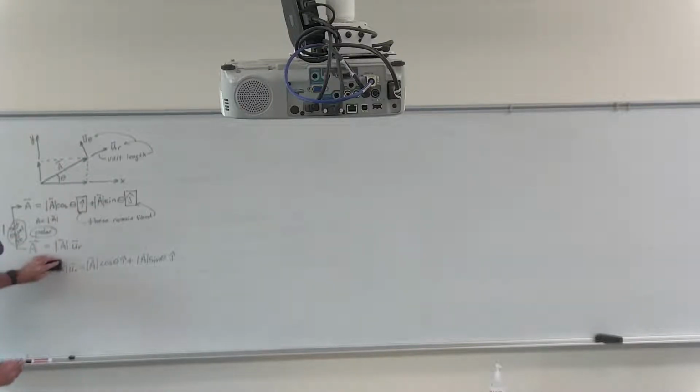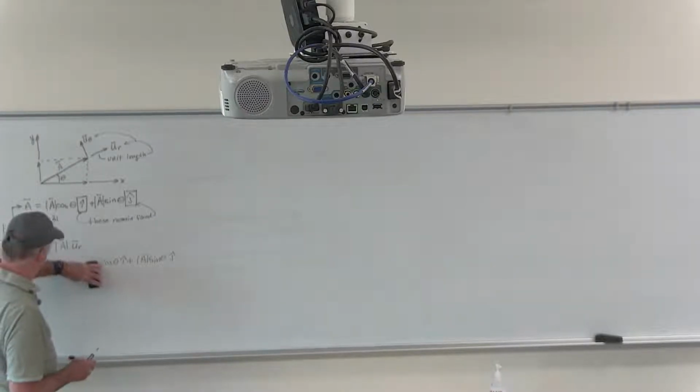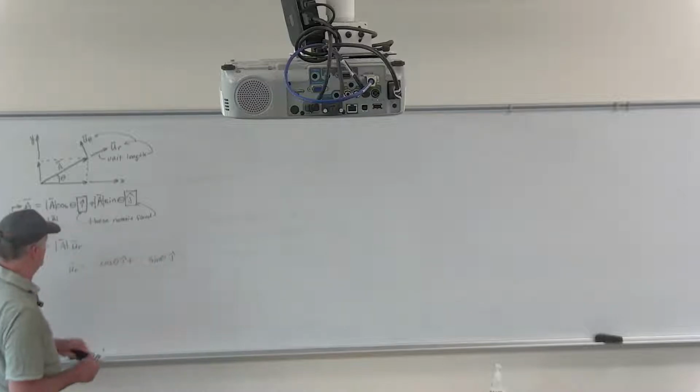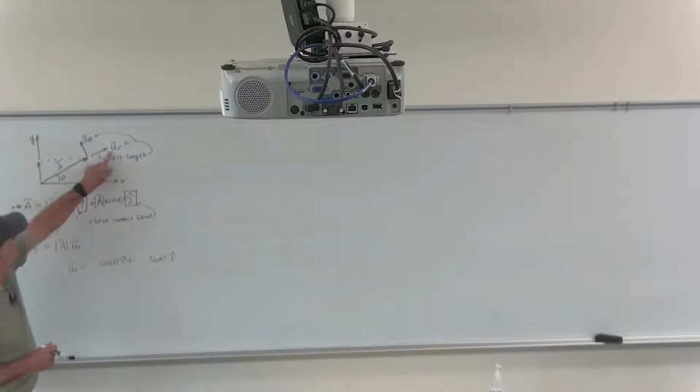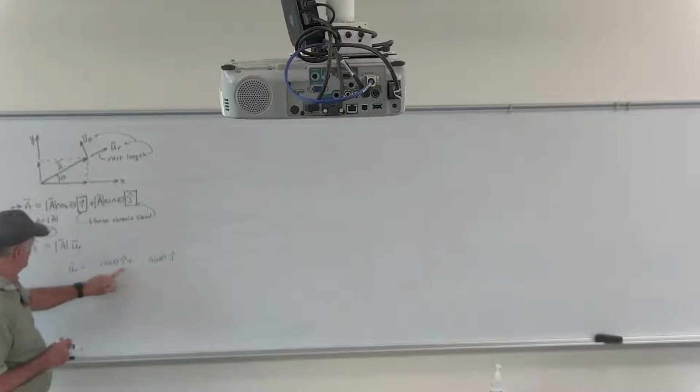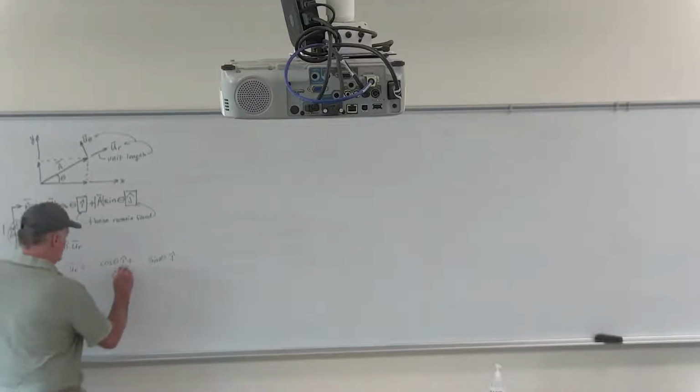Then I'll delete that and that. And suddenly you've got a relationship between that base vector right there and these that don't change.